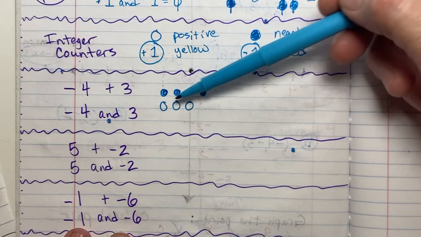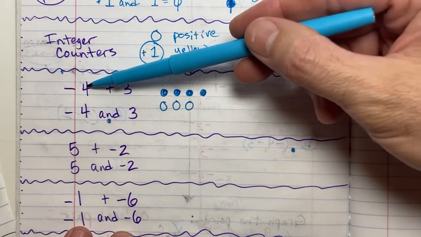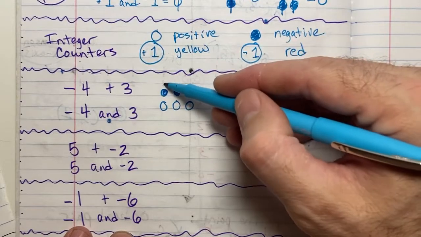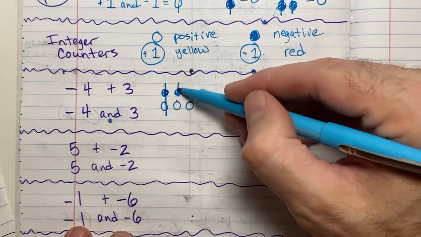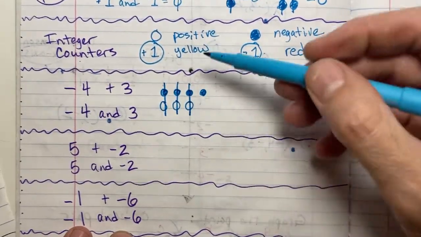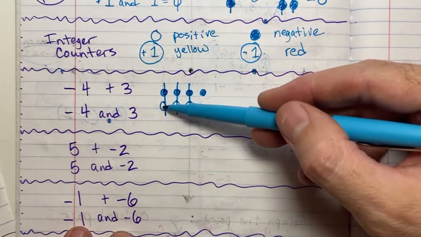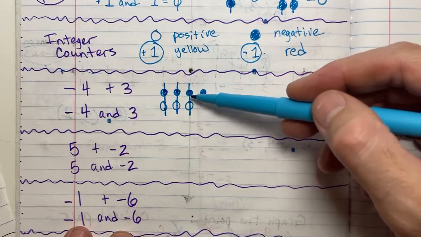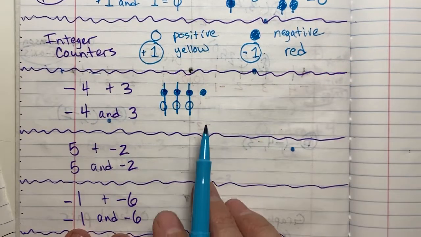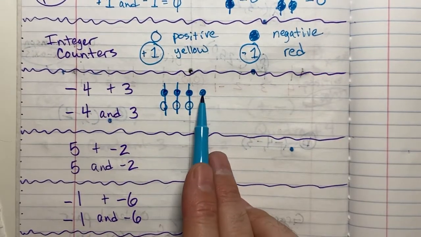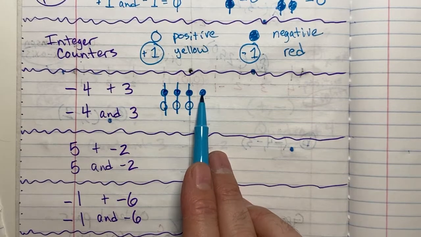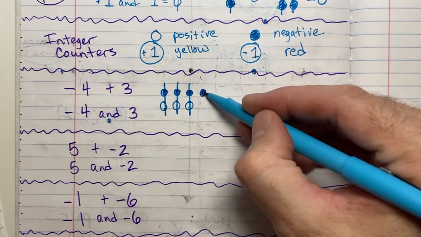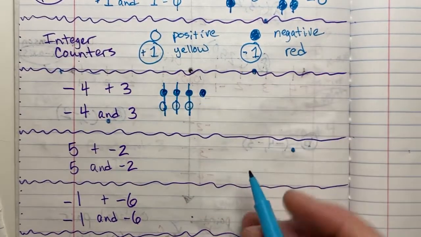Modeling them out with the integer chips, once we match them up or pair them, we notice 1 and 1 together cancel each other, 1 and 1 together, 1 and 1 together. Then you have 1 left over that is not a pair, and because it is a shaded one, we have more negatives than positives.